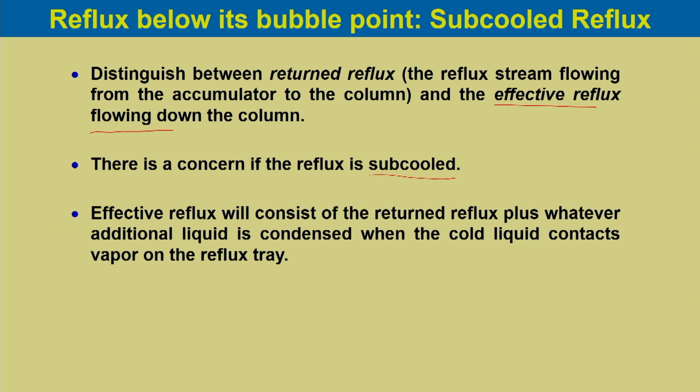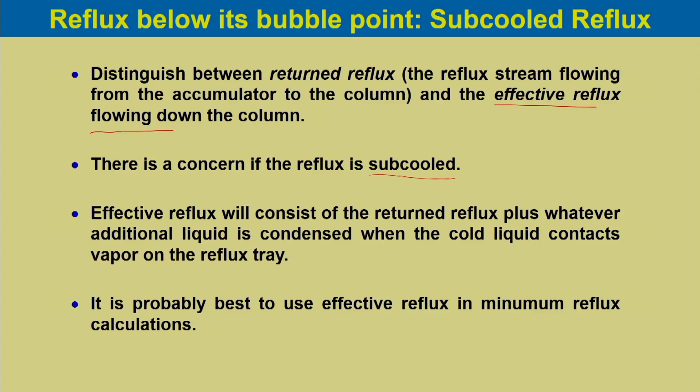Effective reflux will consist of the return reflux plus whatever additional liquid is condensed when the cold liquid contacts vapor on the reflux tray. On the top tray, the vapor is going out and reflux is coming to that tray.